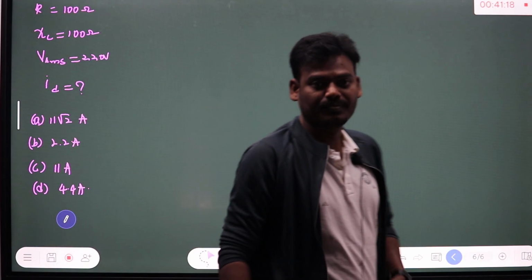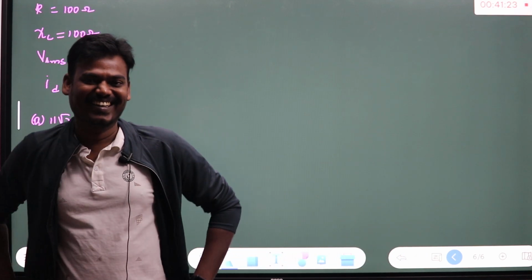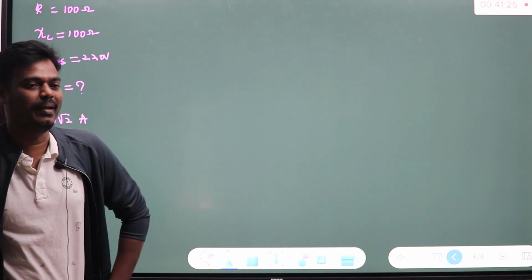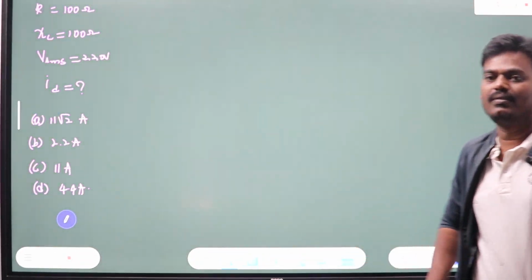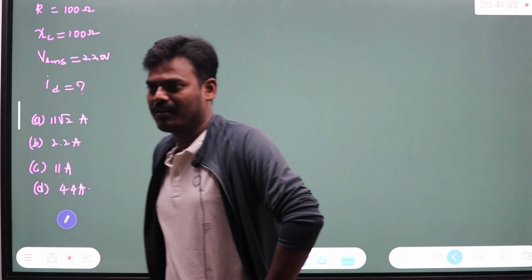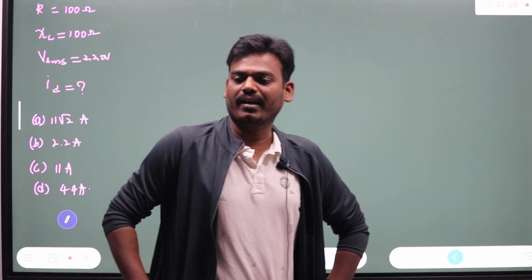Now what will you do? Which concept will you be using? ID means it should be epsilon naught d phi by dt. Do we have any rate of change of electric flux? No. Right, we cannot do it using epsilon naught d phi by dt.